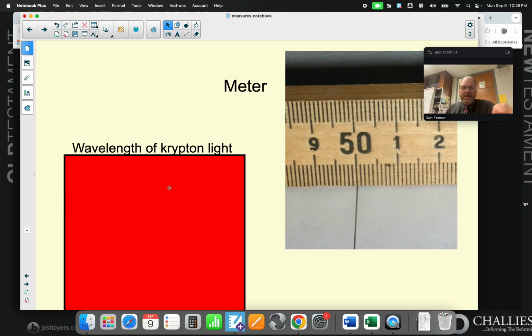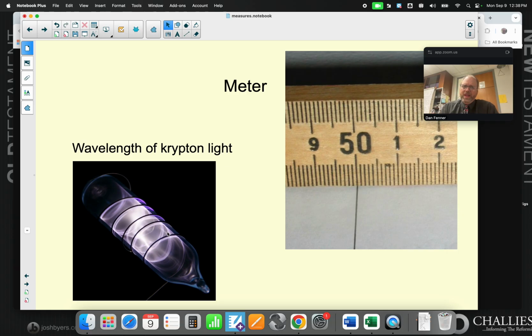The length of that is exactly 1 meter long, okay? So that's how we come up with the meter in length. Now, that's krypton light. Now you're going, wait a minute, krypton's green. No, krypton gas, electrified, is a purplish color. Unfortunately, the makers of Superman, while they make great comics, weren't good scientists.